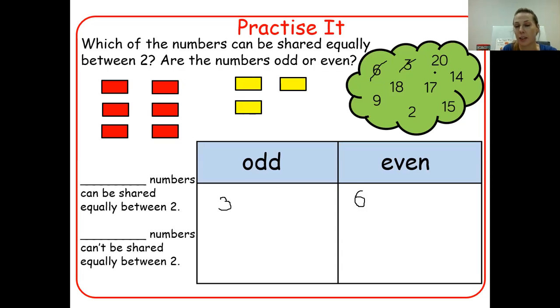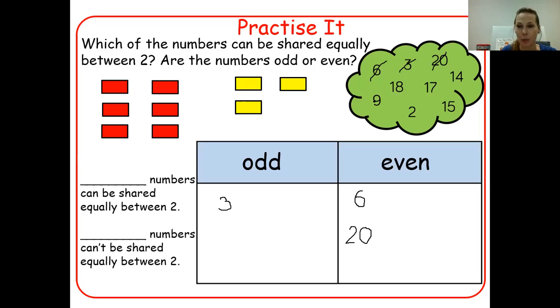Okay, so let's look at the other numbers we've got. We've got 20. Okay, and I know that 20 is an even number because it ends in a 0, and I know numbers that end in 0 are even. And also, if you shared it out, then there would be 10 on each side, 10 in each group.